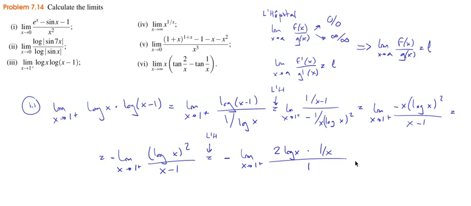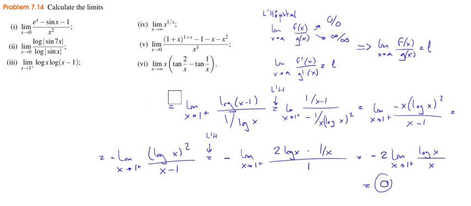And now we have minus 2, and then the limit when x goes to 1 of the logarithm of x divided by x, right? But then this is going to be 0, because the logarithm of x goes to 0. So this limit is 0. Okay, so because this limit is 0, this limit is 0, this limit is 0, and this limit is 0. Okay? Good. Let's go to part 4.